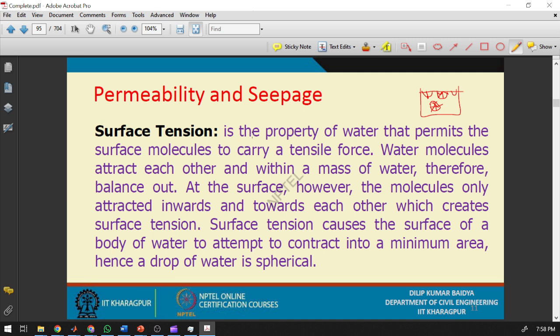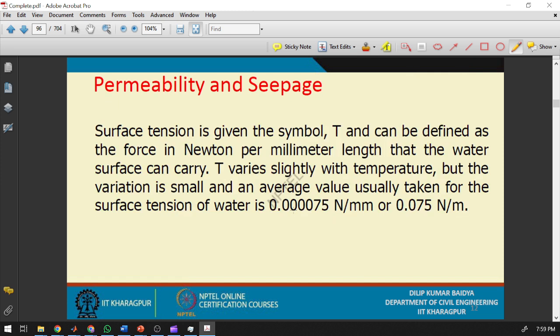Okay, so water molecules attract each other within the mass of water, and therefore balance out, but at the surface, molecules are only attracted inwards, and there will be a downward force on all the molecules, and they will form this surface tension. Attempt to contract into a minimum area, hence a drop of water is spherical.